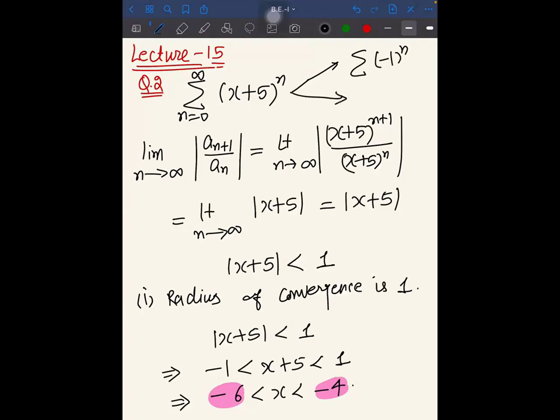And if you put -4 here, that is 1 raised to power n. Is it convergent or divergent? Of course, it is summation 1, that means you are adding 1 infinitely many times. So is it convergent or divergent? Divergent, of course. So in both the cases, they are divergent.